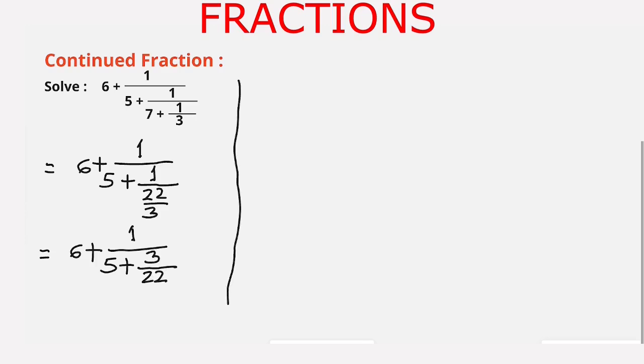This is equal to 6 plus 1 upon, now we have to solve 5 plus 3 upon 22. 22 times 5 is 110 plus 3 is 113 upon 22.